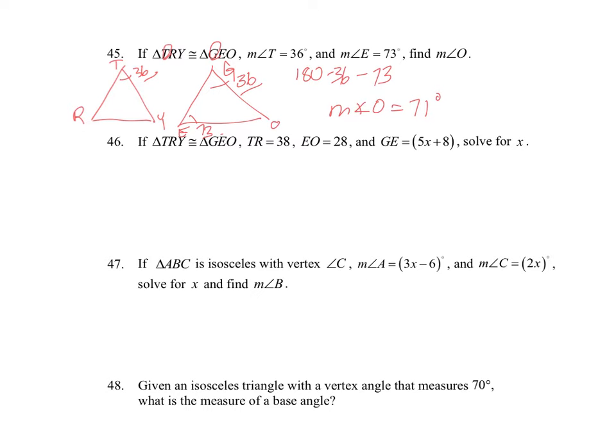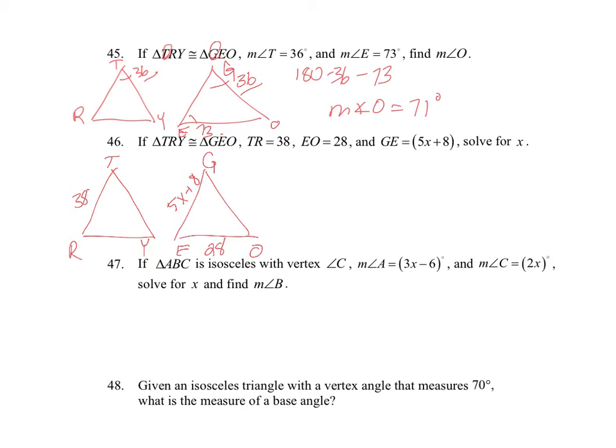If we look at the next one here, let me get my triangles drawn. Once again, we're saying that if triangle TRY is congruent to triangle GEO, we are told that we have a 38 here, and we have a 28 here, and this is 5x plus 8, and we are being asked to solve for x.